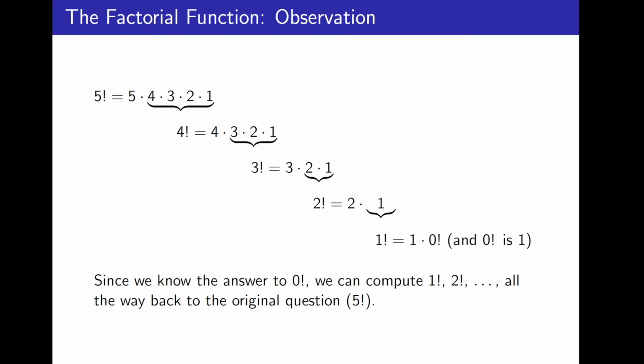And 3 times 2 times 1 is 3 factorial, and so on. Eventually, we reach 1 factorial, which can be calculated as 1 times 0 factorial. We know that by definition, 0 factorial is 1. Since we know the answer to 0 factorial, we can compute the result of 1 factorial, which gives us the answer to 2 factorial, all the way back to 5 factorial.